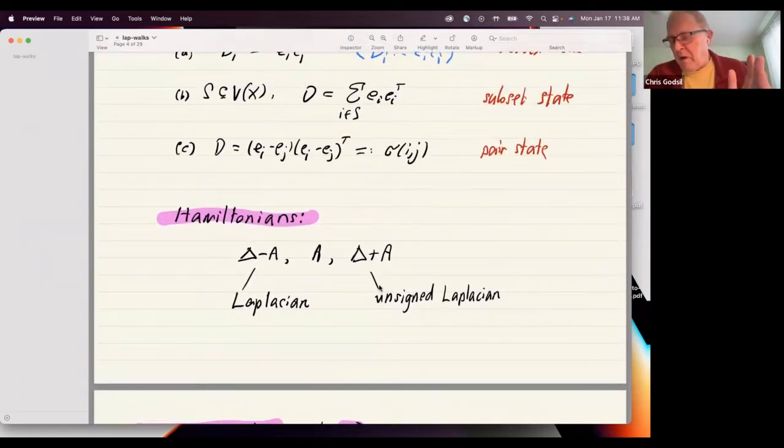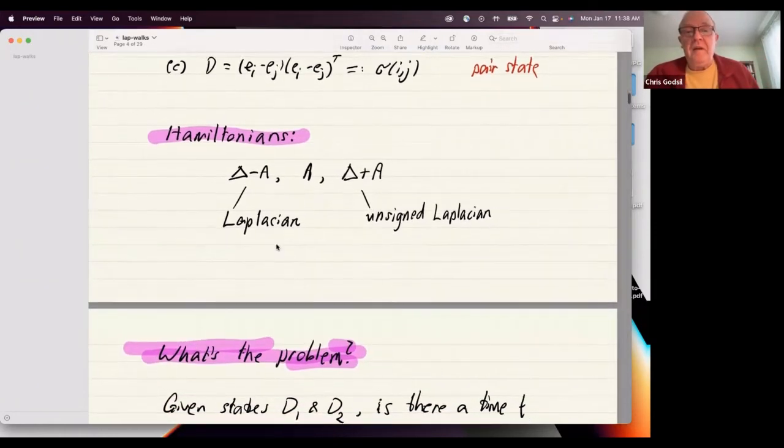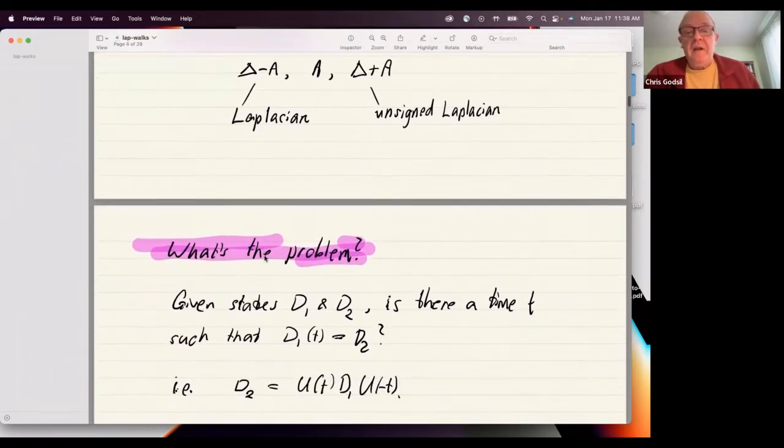Okay, so I've told you what a quantum walk is in a very concise form. I've given examples of the states and the Hamiltonians. We'll be using delta minus A, so e to the it times delta minus A will be our transition matrix.